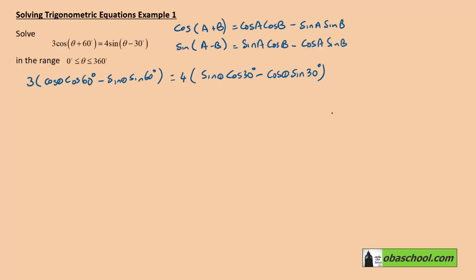Now cos 60 is a half, so we get half cos theta here. Sine 60 is root 3 over 2, so we get root 3 over 2 sine theta.